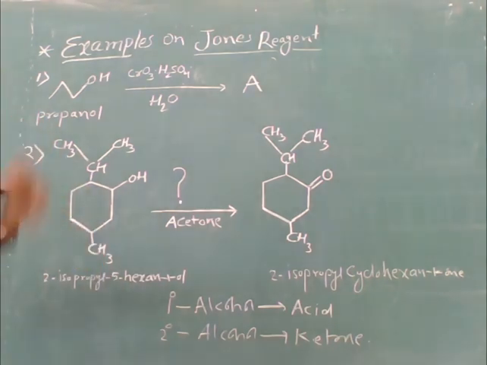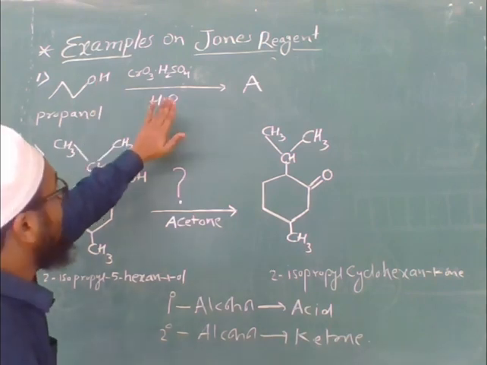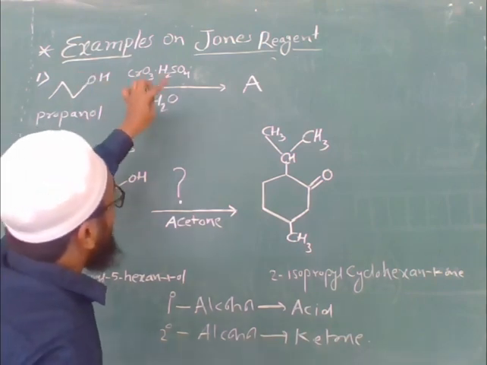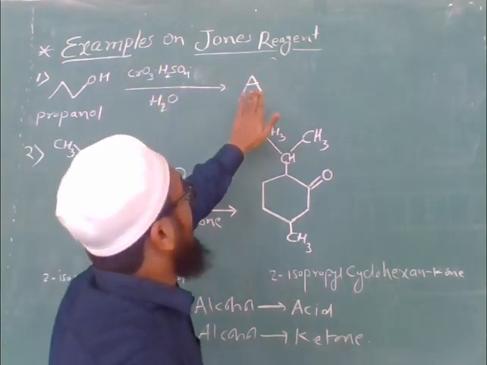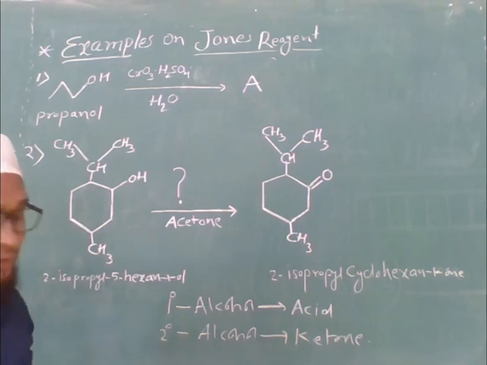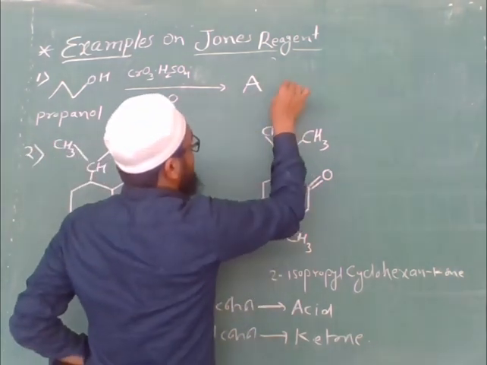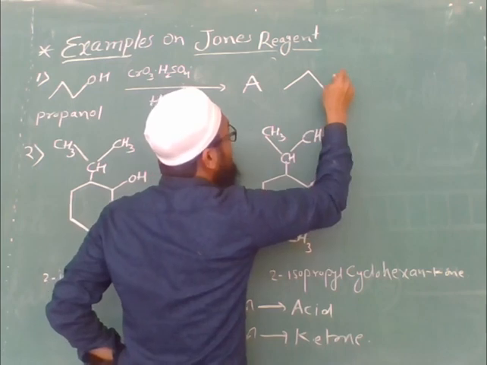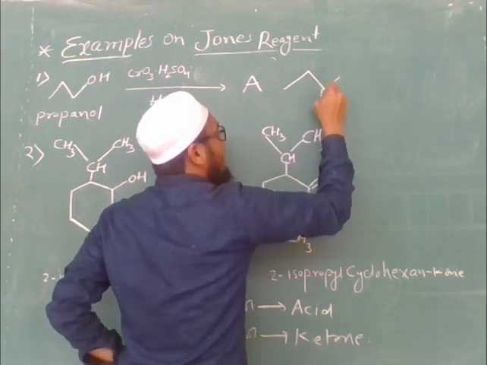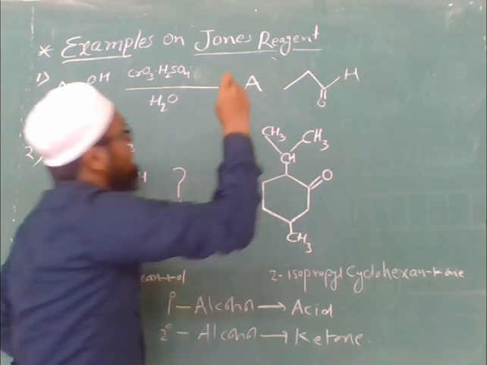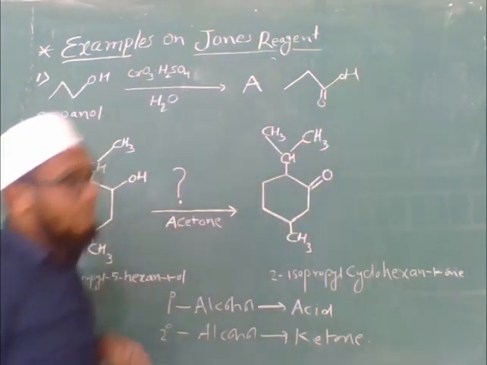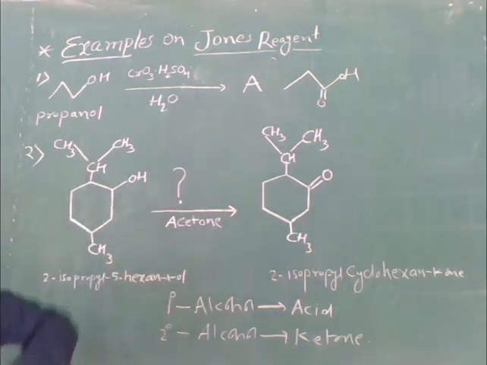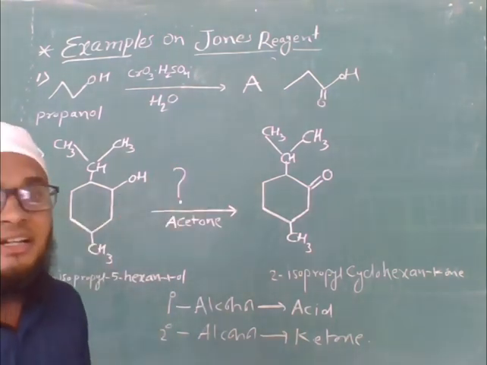So we have two examples in front of us. This first one is propanol on suspension with chromic acid, or this is the mixture of Jones reagent. It will give us A. What will be the A? According to the function of Jones reagent, it should give us acid, but here it doesn't give us acid.